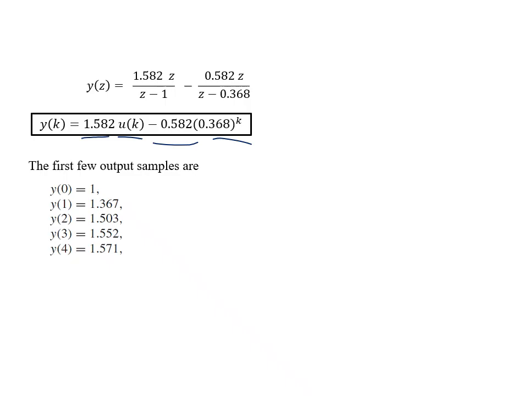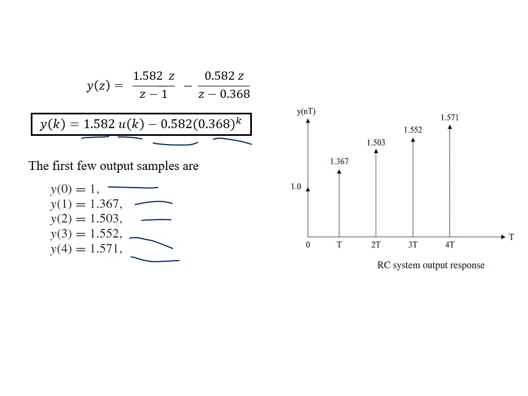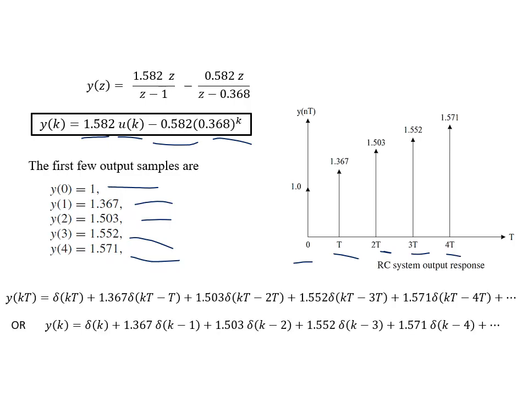We substitute k equals 0, we get y of 0 equal 1, and by k equals 1, y of 1 equal 1.367, and y of 2 equals 1.503, and y of 3 equals 1.552, and y of 4 equals 1.571. We have the samples at 0, T, 2T, 3T, and 4T.